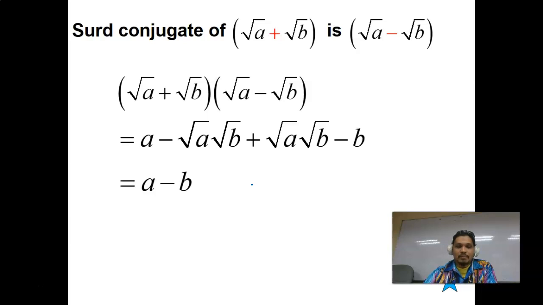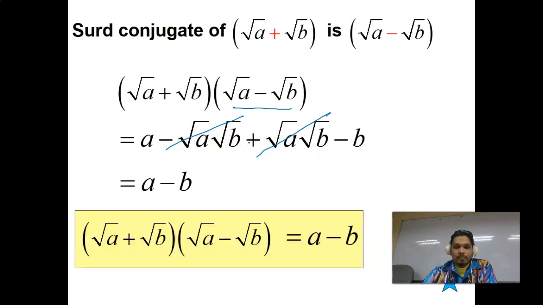So look at this one here now. This is square root of A plus square root of B, and this is the conjugate of this expression. Once we multiply this expression with its conjugate, finally it is only A minus B, where the middle terms cancel because one is minus the other.